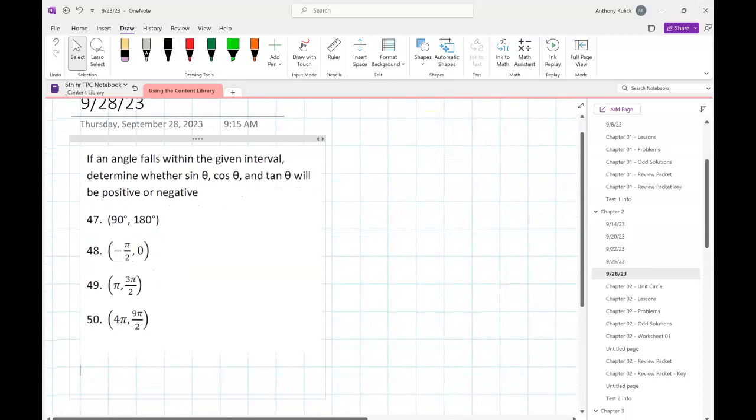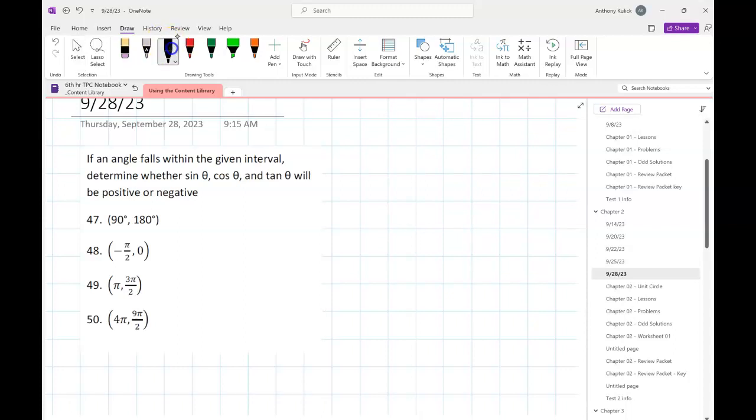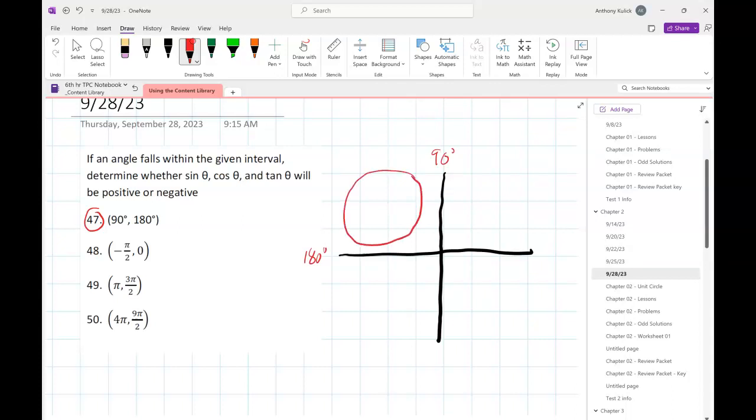It says if an angle falls within the given interval, determine whether sine theta, cosine theta, or tan theta will be positive or negative. So if I do this, 90 degrees is there, 180 is there. So we're talking about something in the second quadrant, right? In the second quadrant, the x-coordinate is negative, but the y-coordinate is positive. Sine theta, with our unit circle definition, is y.